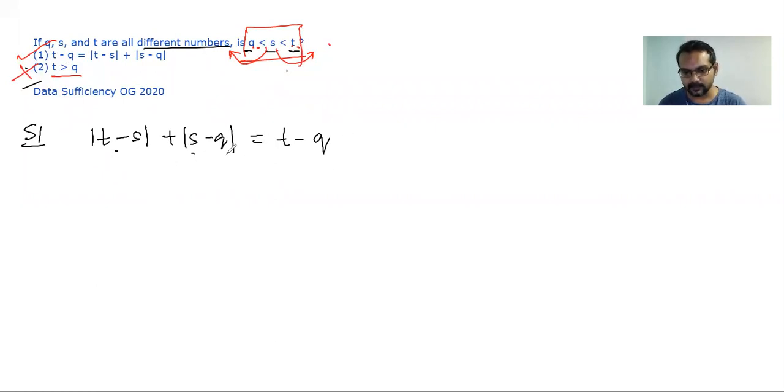Obviously two positives cannot add up to a negative or become 0, so two positives must add up to a positive. Clearly then this is positive, implying t greater than q. So the fact that t is greater than q is already implied in statement 1. So statement 2 is just a part of statement 1, and by itself statement 2 won't be sufficient. So we can just ignore it.